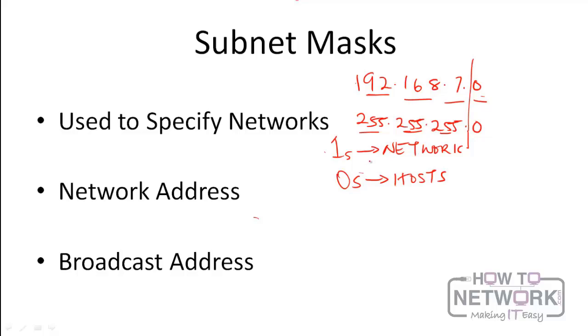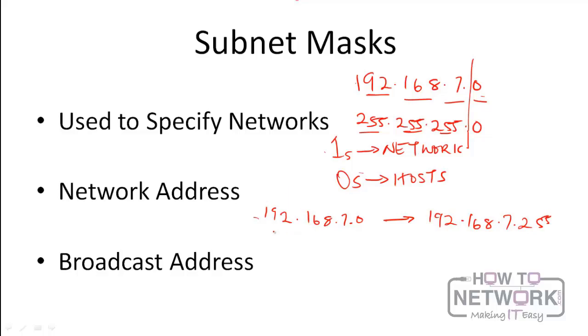The network address is the first address in a network, while the broadcast address is the last address in the network. So for instance, the range of our 192.168.7 network would be 192.168.7.0 all the way to 192.168.7.255.